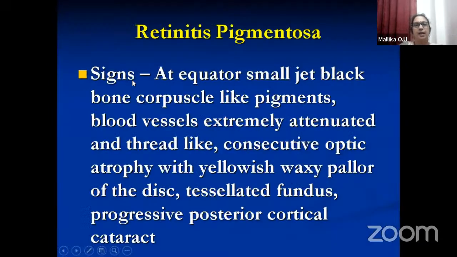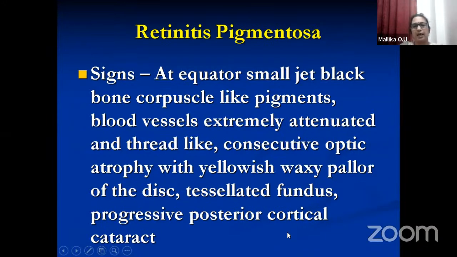So signs, I told you, the classical triad: a yellowish waxy pallor of the optic disc, bone corpuscle-like pigmentation, and extremely attenuated thread-like retinal arteries; in fact all the vessels, even the veins, are narrowed.